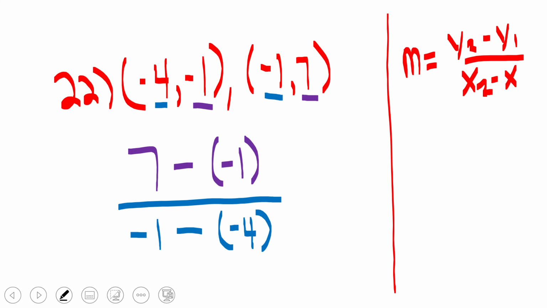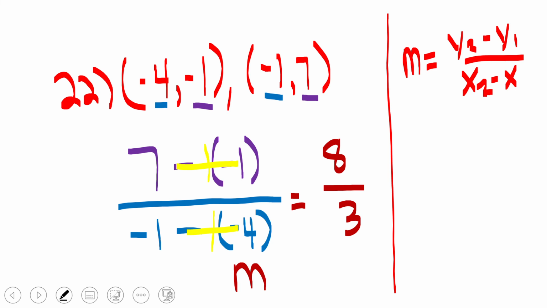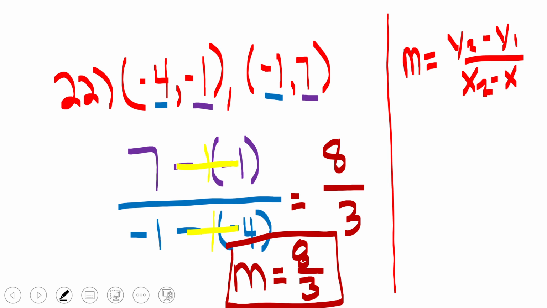And remember, when we have minus a minus, those become pluses. That helps. 7 plus 1 is 8. -1 plus 4 is 3. The slope value is 8 over 3. Box that for number 22.